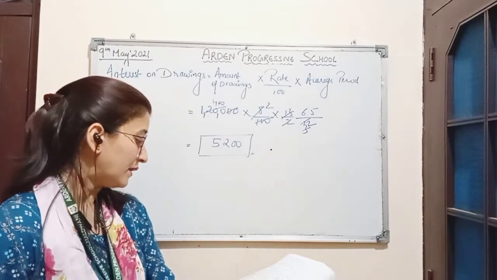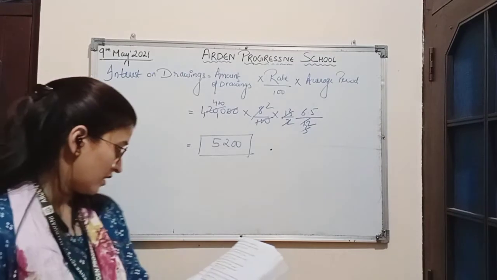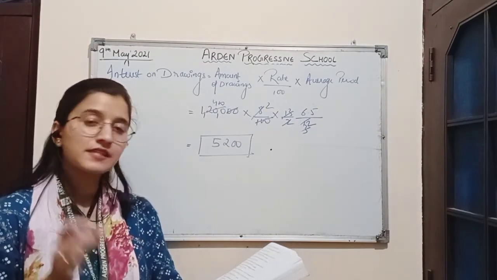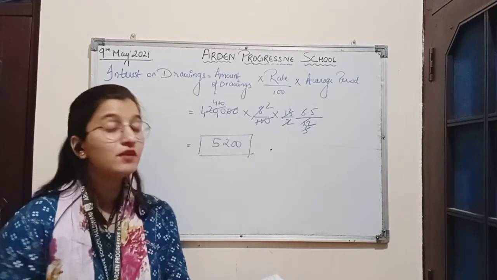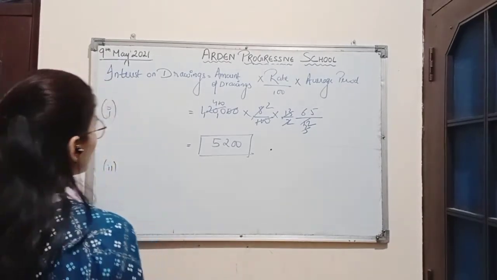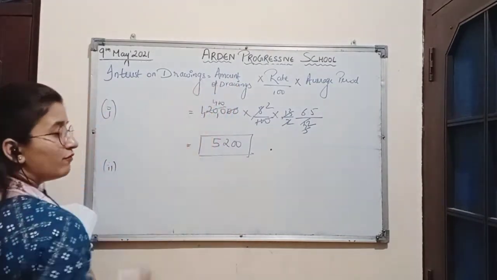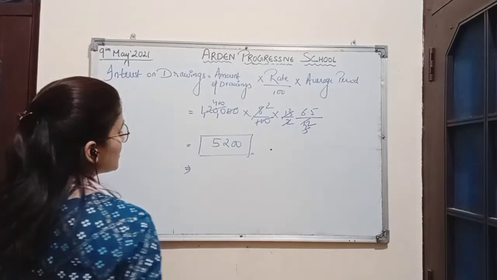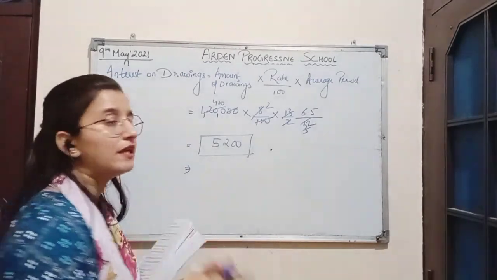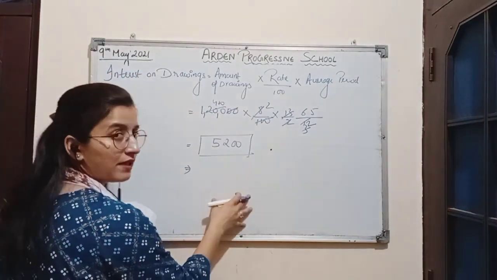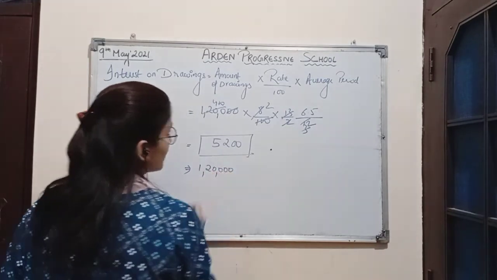Now coming to the second case. The second case is B is again withdrawing the same amount, which is 10,000 from the firm at the end of every month. So we will calculate interest on drawings with the common formula. Annually he will be withdrawing 10,000 multiplied by 12, which is 1,20,000.